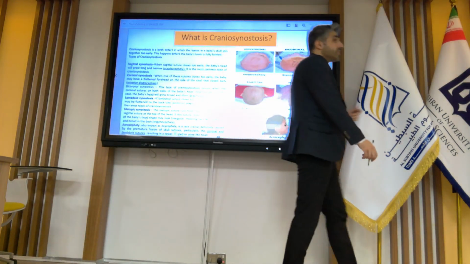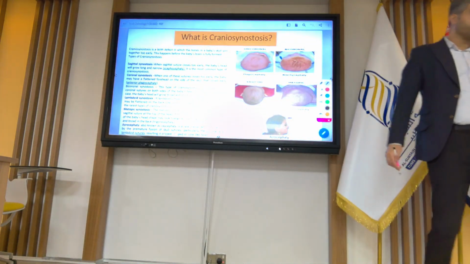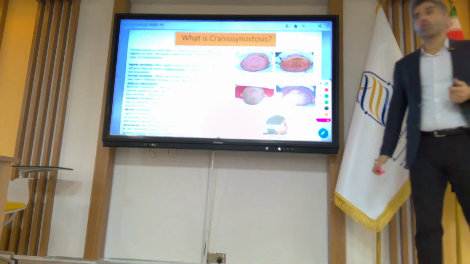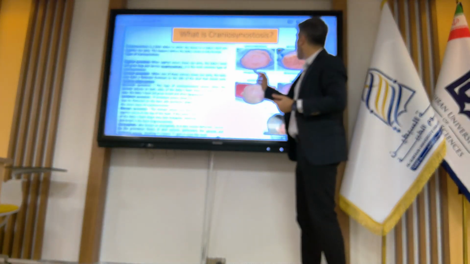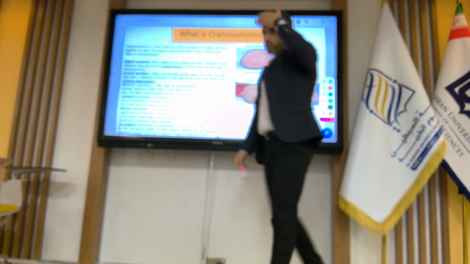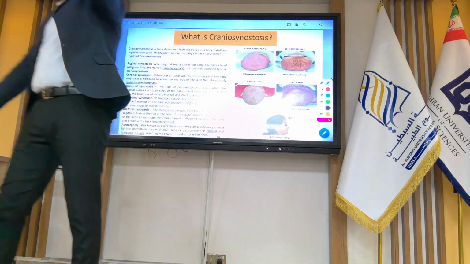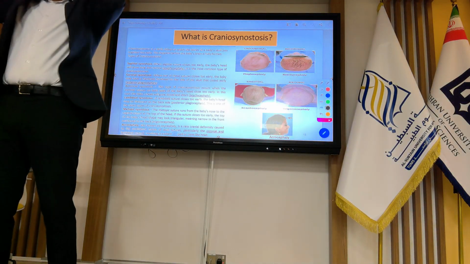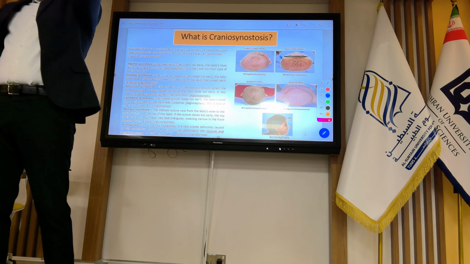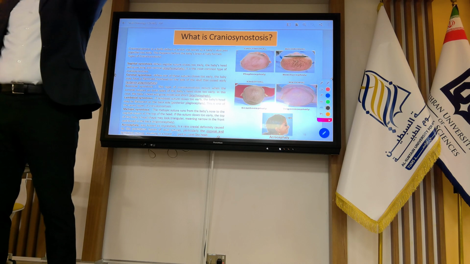Sometimes on the anterior side of the skull, we have the frontal suture or coronal suture. It closes very soon. On the anterior side, we have the coronal suture. It has a right side and a left side. If both of them, right and left, close very soon, what happens?